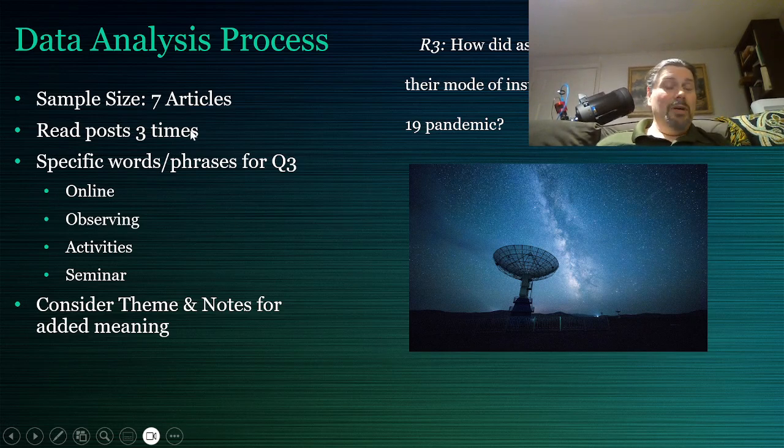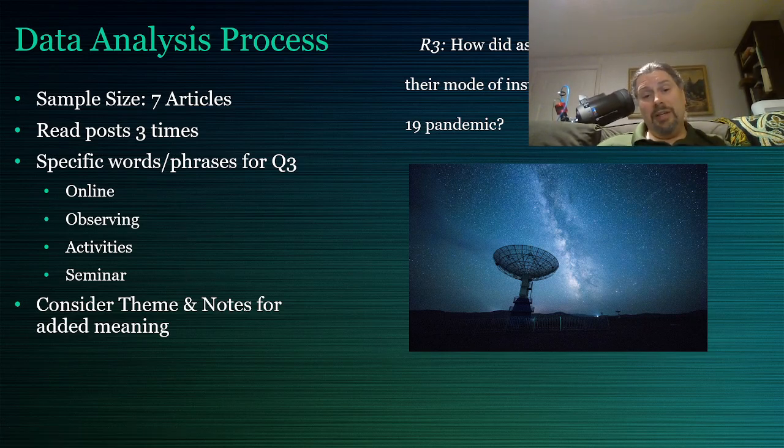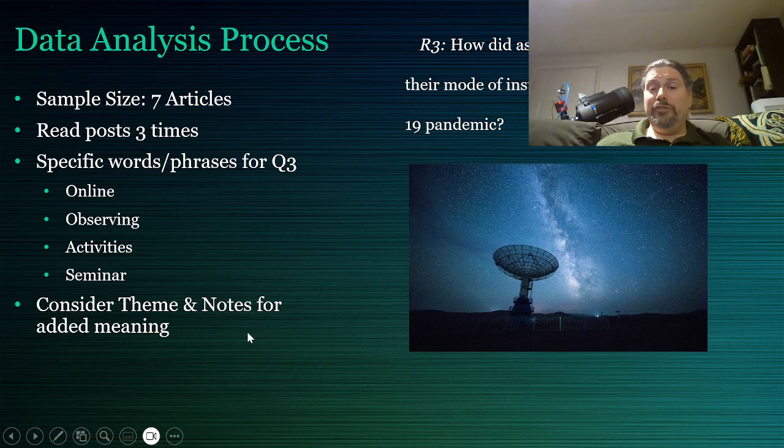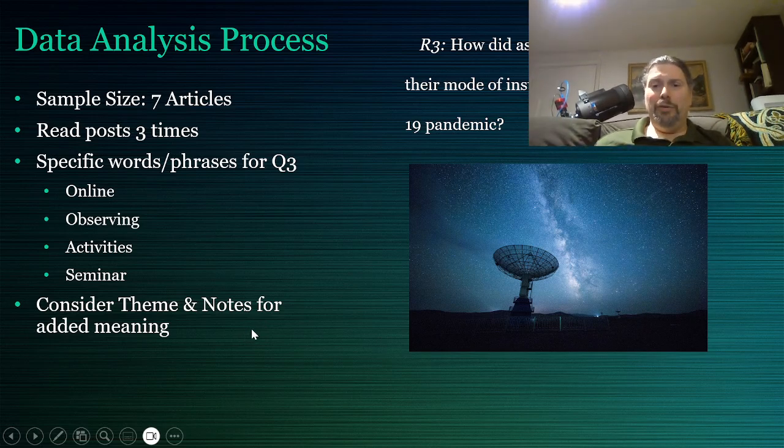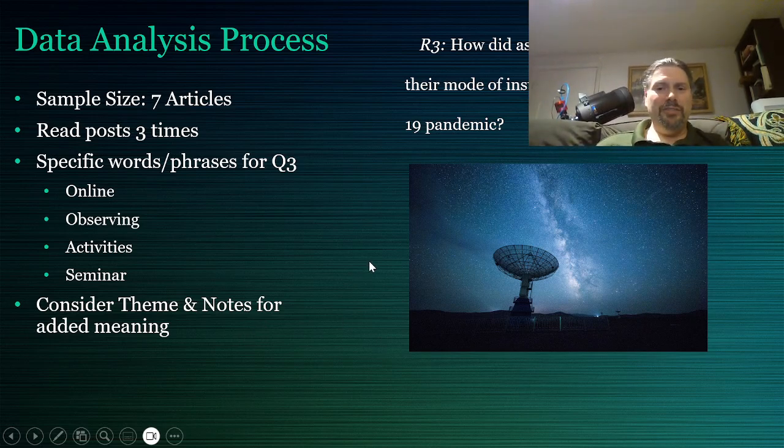I read them about 3 times to get as much information and understanding out of them as possible, particularly the parts with specific words and phrases: online, observing, activities, seminar. There'd be other ones too, like collaboration. And this is where you more heavily consider themes and notes for looking for added meaning to these questions.